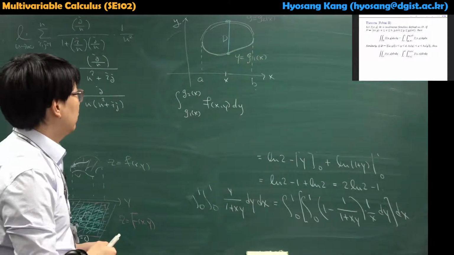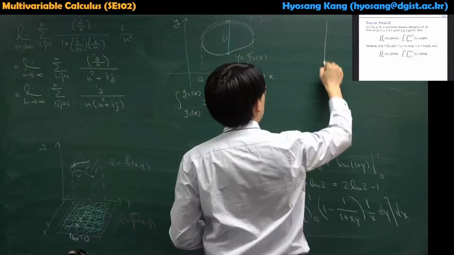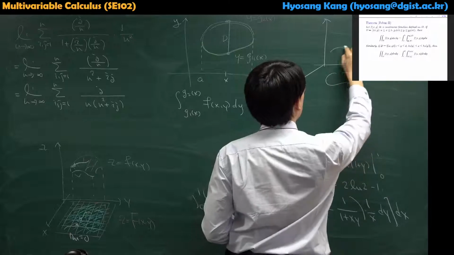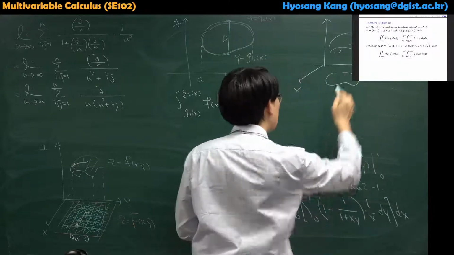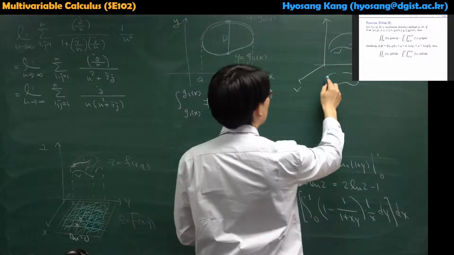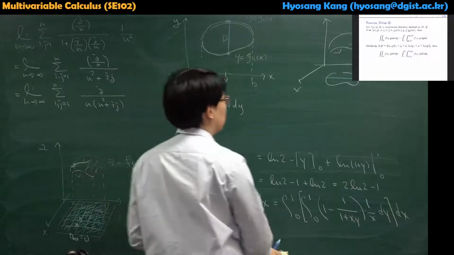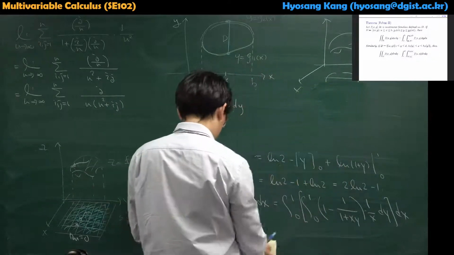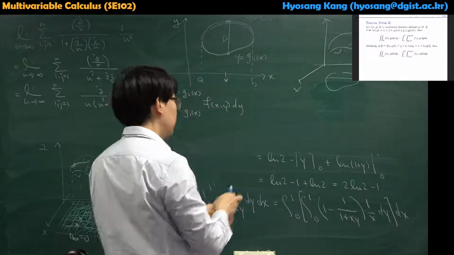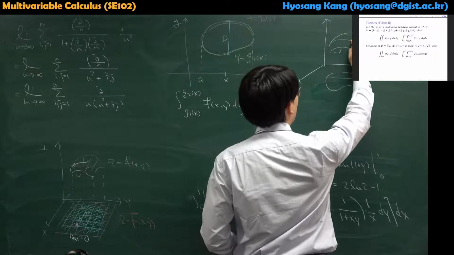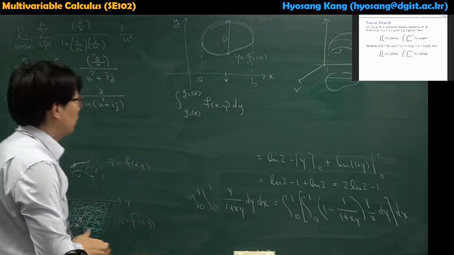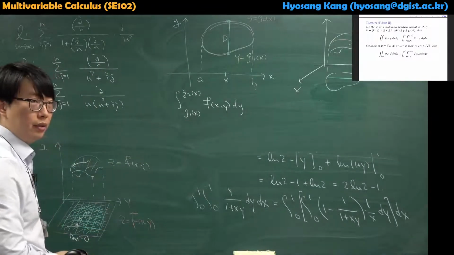So here's another picture. Let me draw another picture here. D, and here is the graph of the function. So I sliced it here, and there's a slice on this graph. What do I compute in this iterated integral?